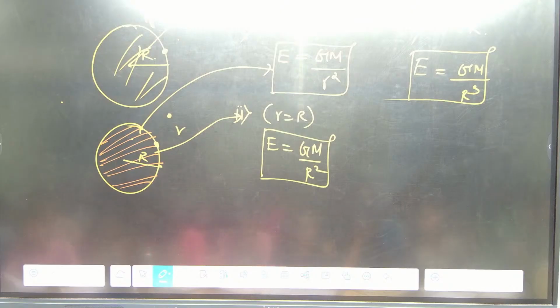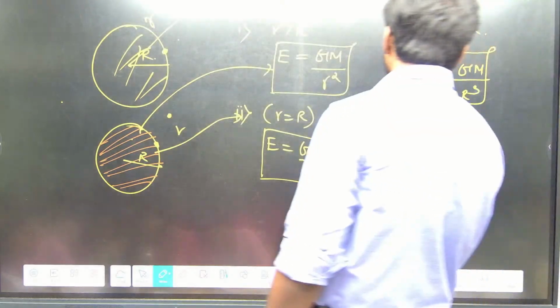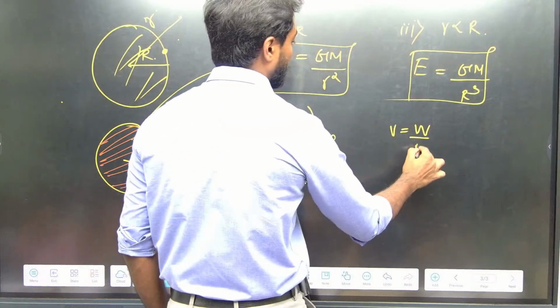So the external work is considered as negative. So work done per unit mass, so V will be equal to W by M.